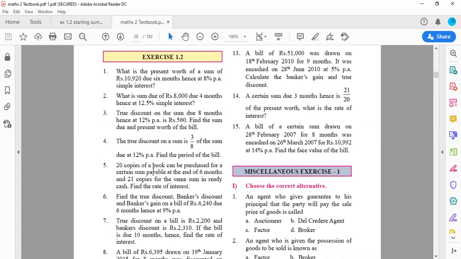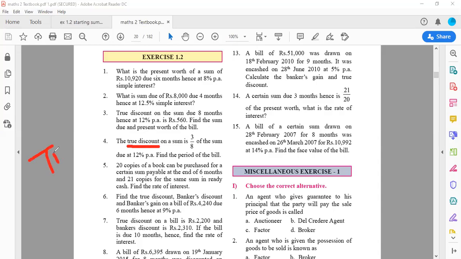Okay. So moving forward with sum number 4. All right. So pay attention. The true discount on a sum is 3/8 of the sum due at 12% per annum. Find the period of the bill. Now what they are trying to tell you, listen to that very carefully. The true discount. So what do you mean by true discount? TD.